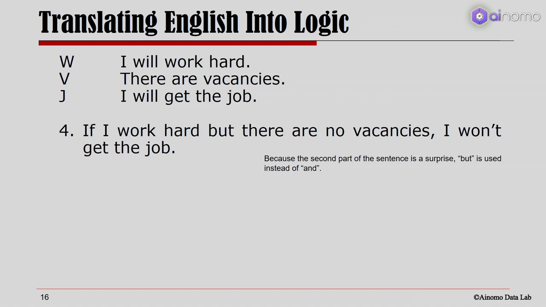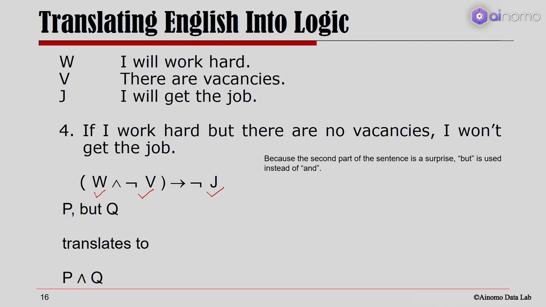So, this statement would convert to I work hard, W, and there are no vacancies, not V, I won't get the job, not J. This is something we need to focus on: if I have a statement which says P but Q, then I need to translate it to P and Q.